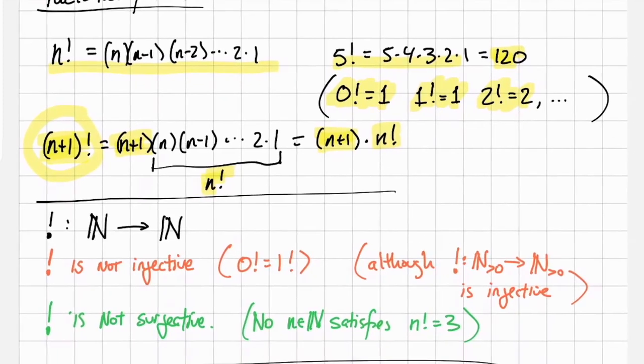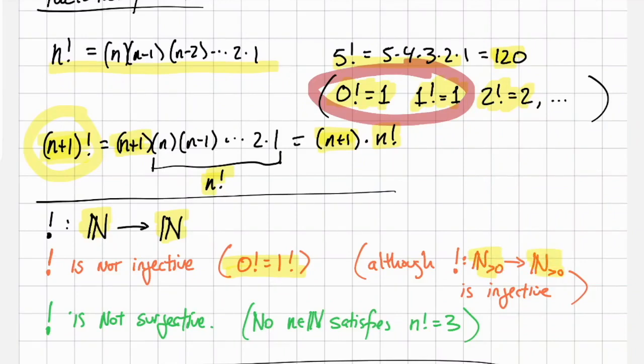As a function, the factorial function takes in a natural number and outputs a natural number. This factorial function is not injective on all natural numbers, right? We noticed that 0 factorial and 1 factorial are both equal to 1. But if we start looking at the factorial function starting at 1 and going off to positive infinity, that function is injective.